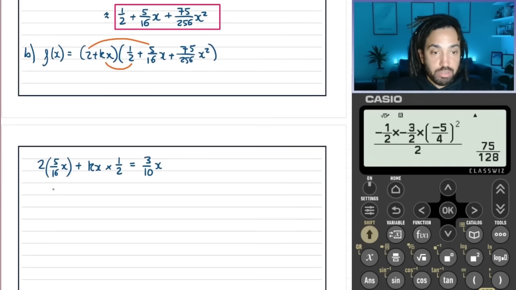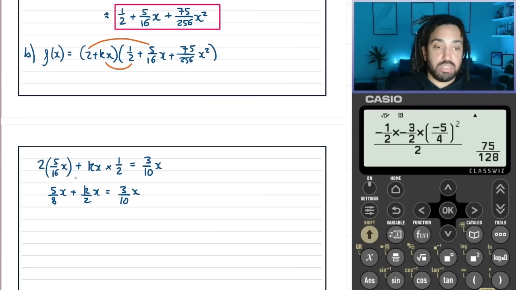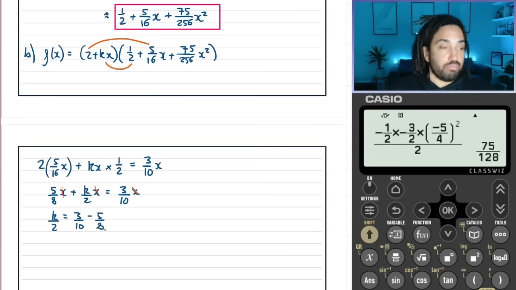Okay, great. So this is 5 over 8x plus k over 2x is equal to 3/10 x. We can now cancel out the x's because there's an x on each term. So we'll get that k over 2 is equal to whatever 3/10 minus 5/8 is. So we can just do that quickly on the calculator.